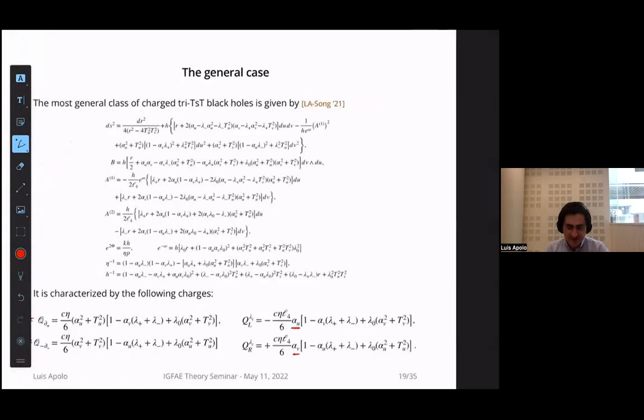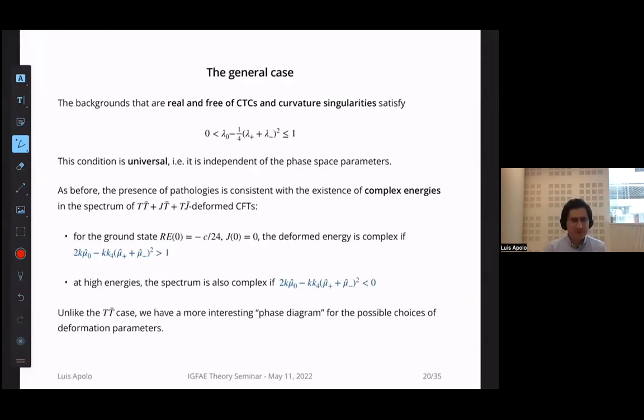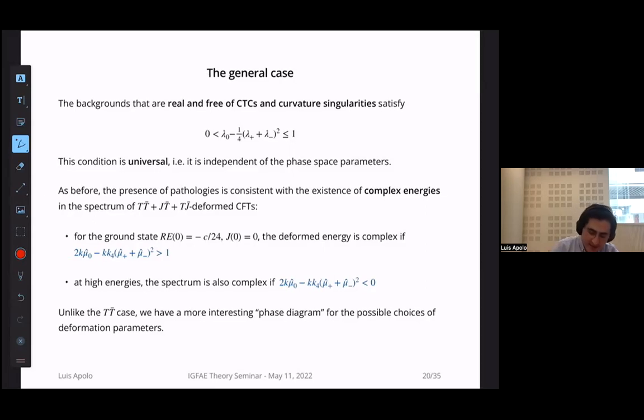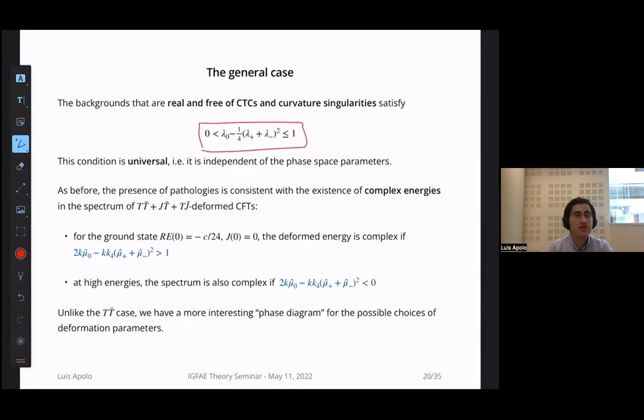Okay, so in the general case, we can perform a similar analysis, and we find that in this case, real solutions that are free of CTCs and curvature singularities require the following bound on the deformation parameters, which is a generalization of the one we found for the TTbar case.